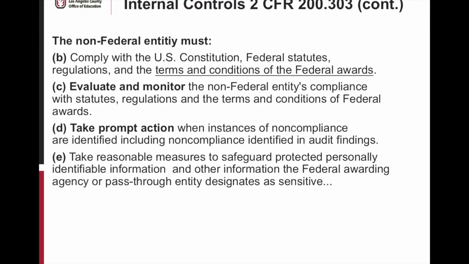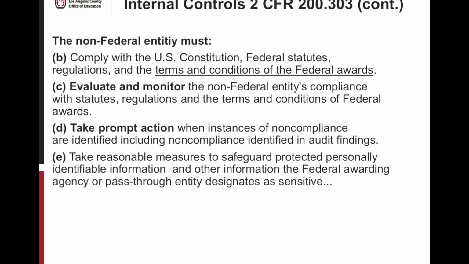All right, so internal controls also require, again, here's that complying with all legal requirements, but they also require that the entity, the local education agency, evaluate and monitor your compliance with statutes, rules, and conditions. So how are you evaluating and how are you monitoring that?